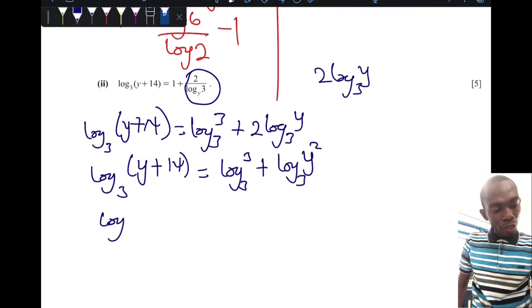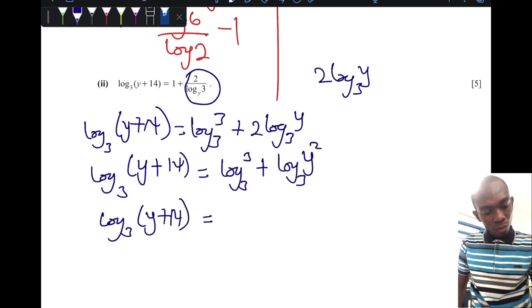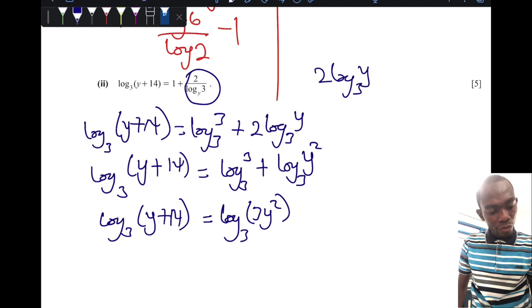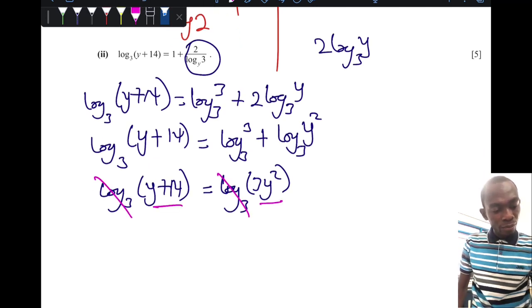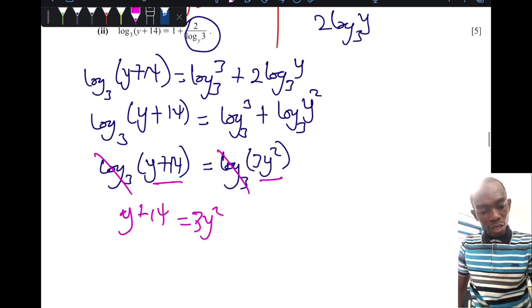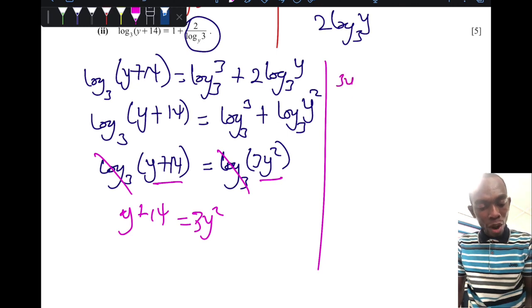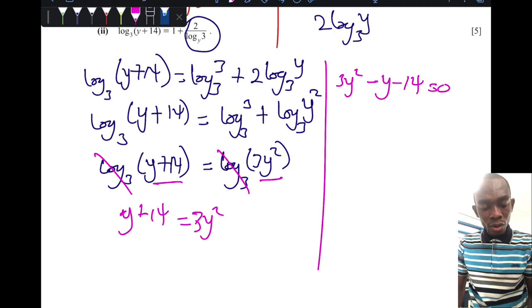I think I can put the two together since they are adding. So that will become log 3y squared base 3. Since this is equal to that, this will be equal to that. So we have y plus 14 equals 3y squared. So you can have 3y squared minus y minus 14 equals 0.